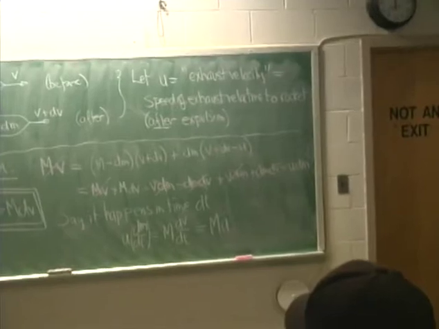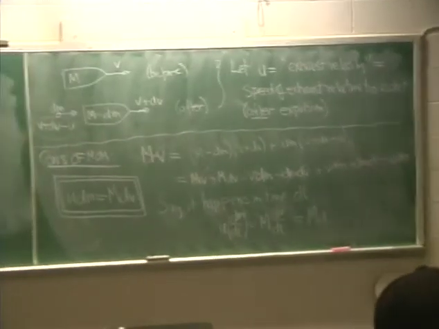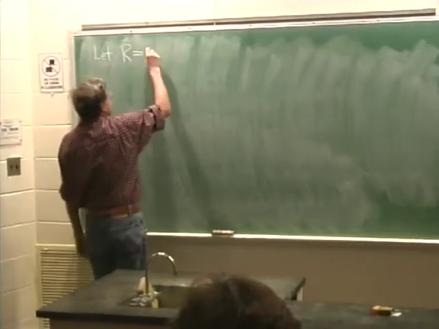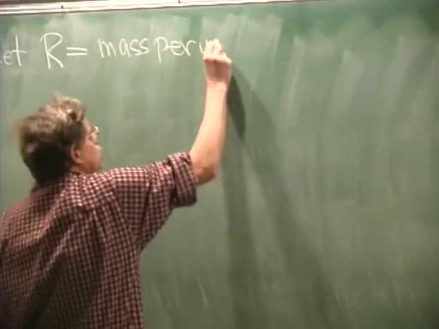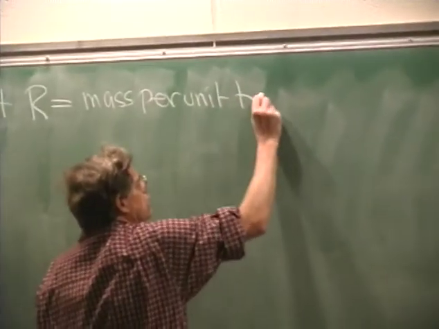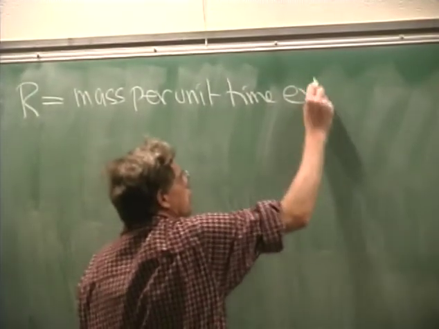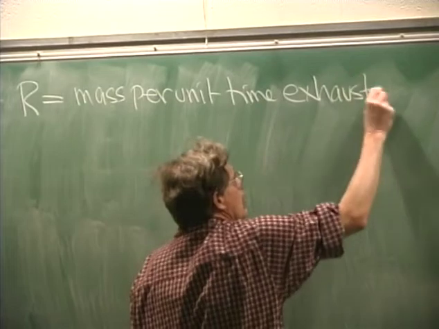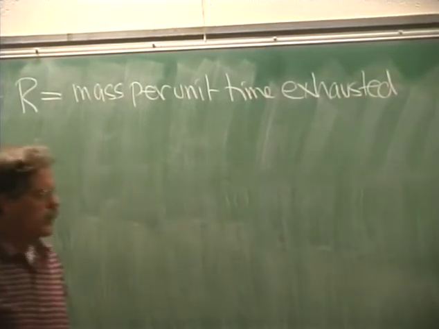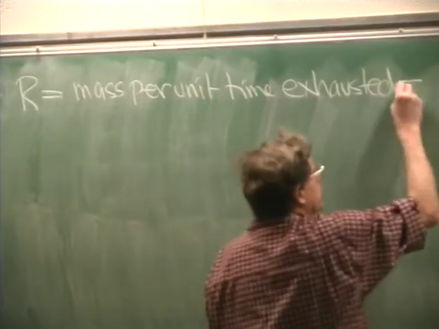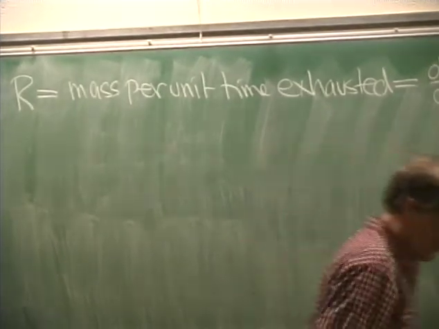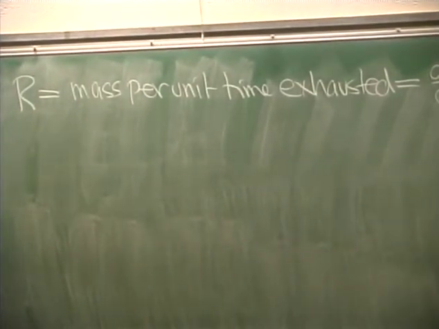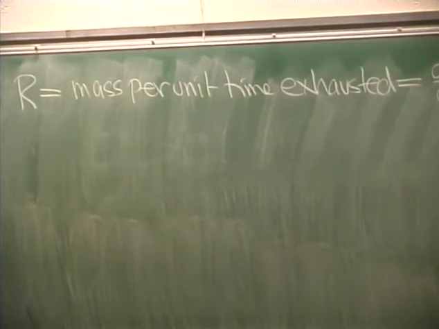I'll call that capital R because it's the rate: the mass per unit time exhausted, in other words, dm/dt.